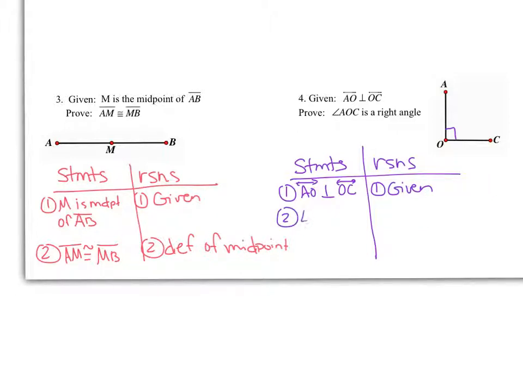And we know that angle AOC is a right angle by definition of perpendicular lines. And those are back on that very first page that we talked about.